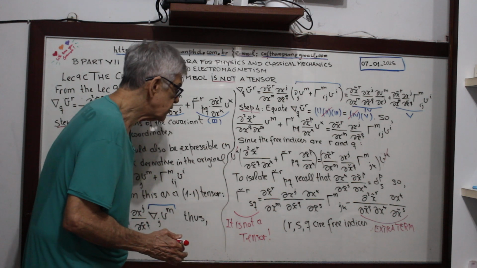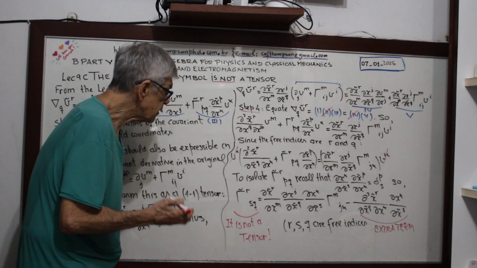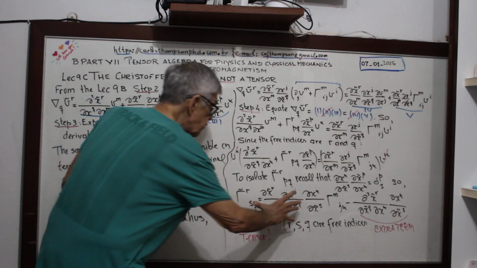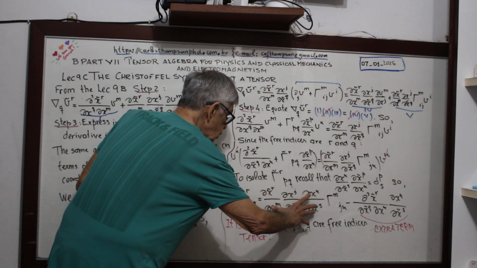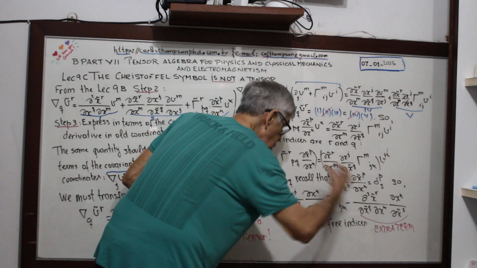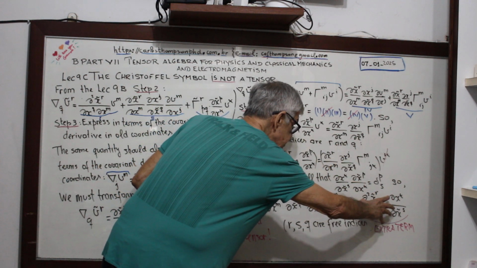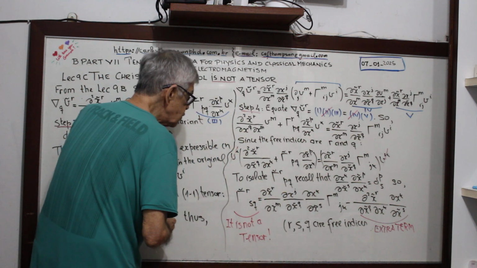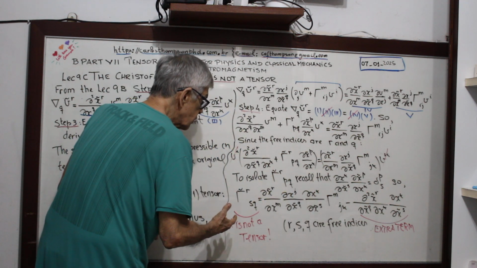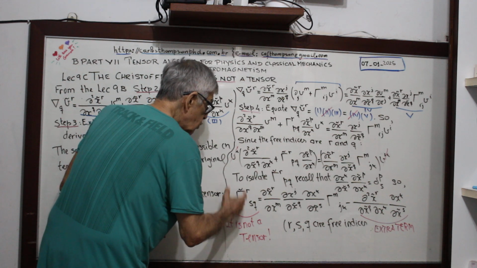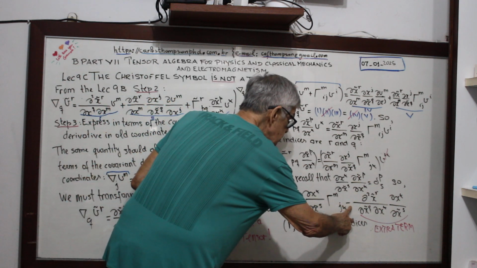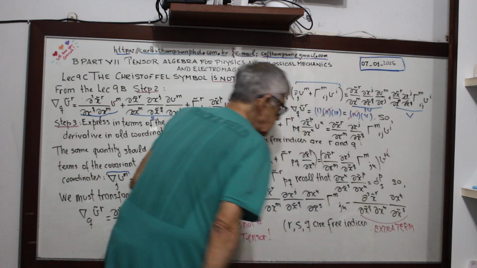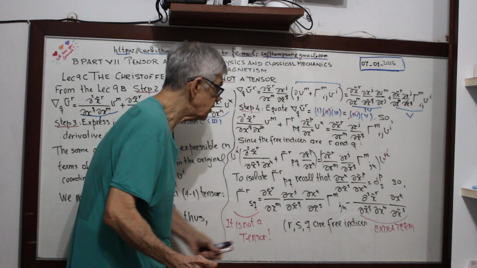That's what's important here for you to see. Look at the first term here. If this would be 0, then this is exactly the definition of a tensor. Now this term here is an extra term. I cannot obtain 0 here.